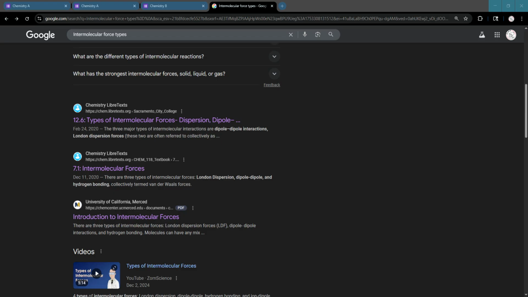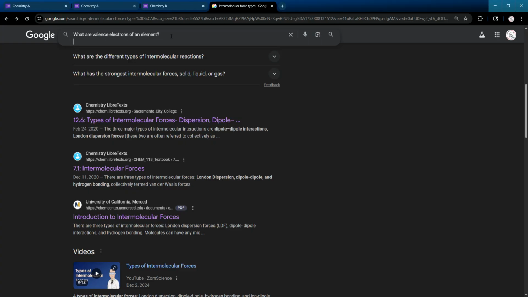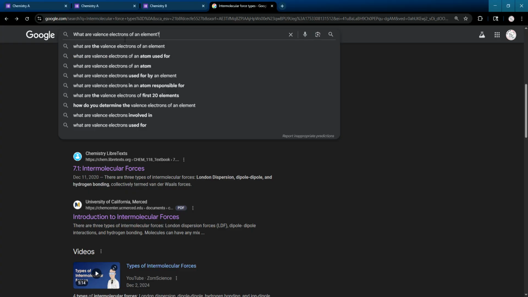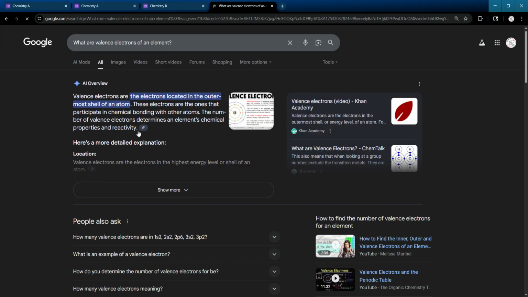Few more things we should touch upon, like what are valence electrons of an element. Like we saw, one was at 26, I remember. In the outermost shell of an atom.